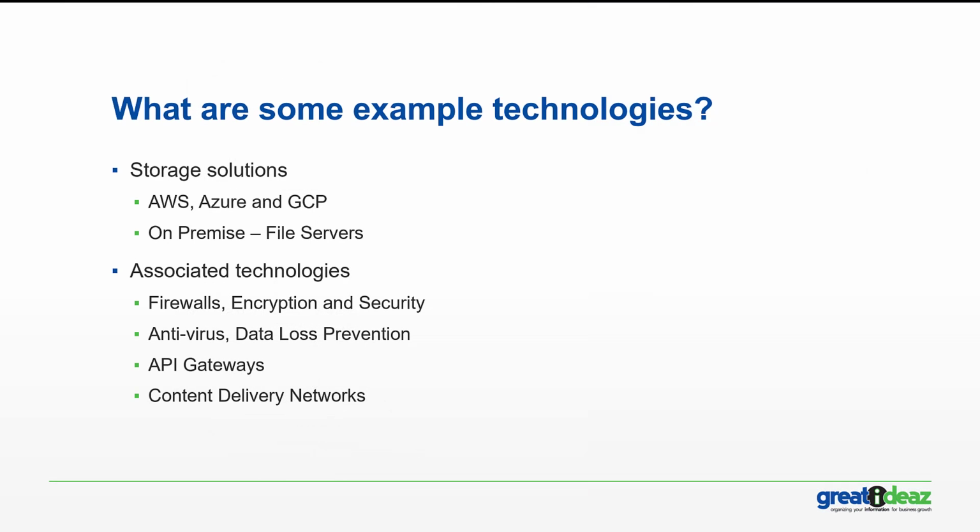So when we're talking about cloud storage solutions, what are we talking about in terms of example technologies? Amazon, Azure, and Google Cloud Platform are common examples of public cloud storage solutions. And they provide solutions that allow you to offer public storage where anybody can access any of the files in a particular container, or private storage where only restricted users can access the files in the storage containers.